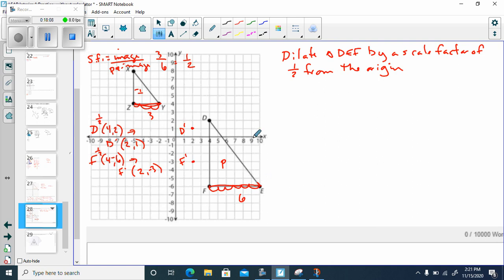Okay, E. E is at 10, -6. If you dilate that by 1/2, E prime then is at 5, -3. And here's where we would be after we have dilated this by 1/2.